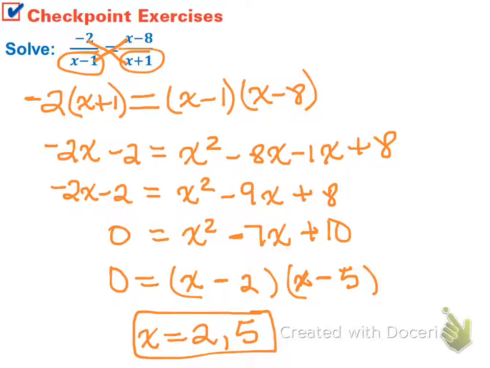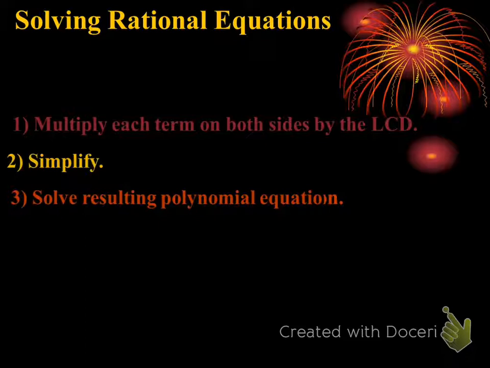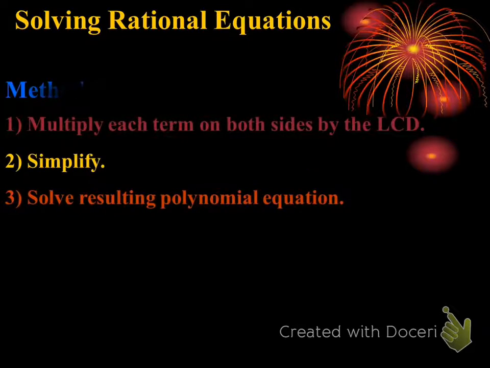Alright, so when we're solving rational equations, there are two methods. Method 1, use the LCD method. With the LCD method, you would multiply all terms by your lowest common denominator so that all denominators are eliminated, simplify, and solve the resulting equation.